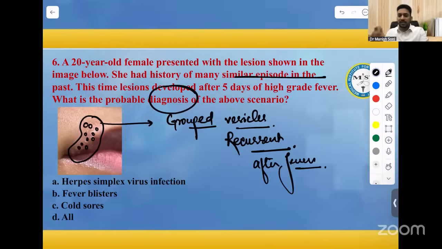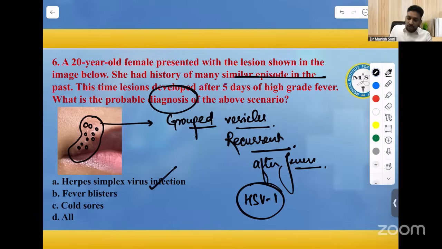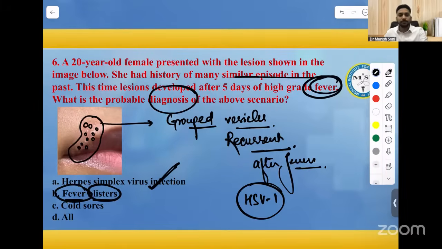Yes, this is a case of herpes simplex virus 1 infection which causes herpes labialis. But remember that though this is infection of herpes simplex virus, it is occurring again and again after fever. So we also call them fever blisters because these blisters usually develop after high grade fever.